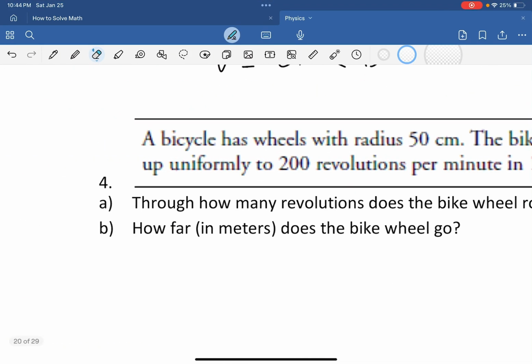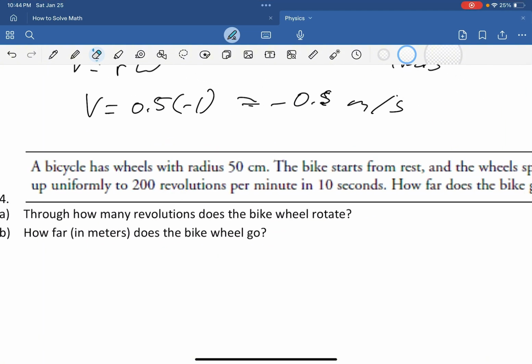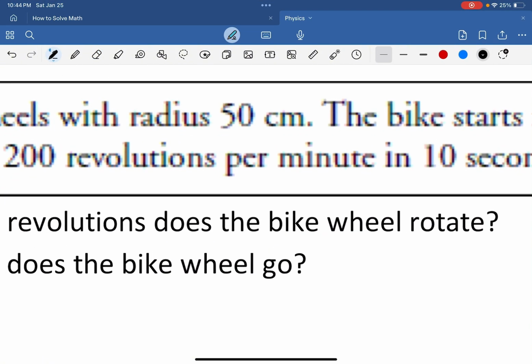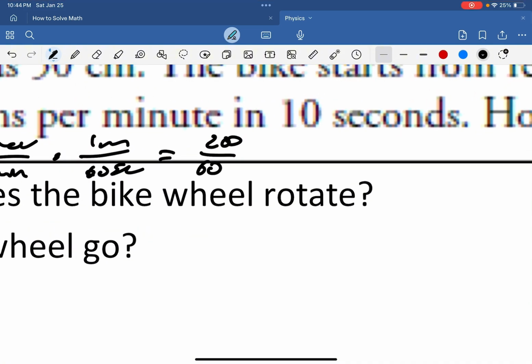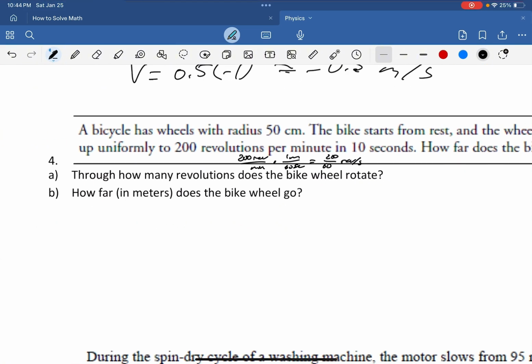First, let's just start off by changing this to 200 revs per minute to 60 seconds. So 1 minute is 60 seconds, so this is 200 divided by 60 rev per second. Then 10 seconds.